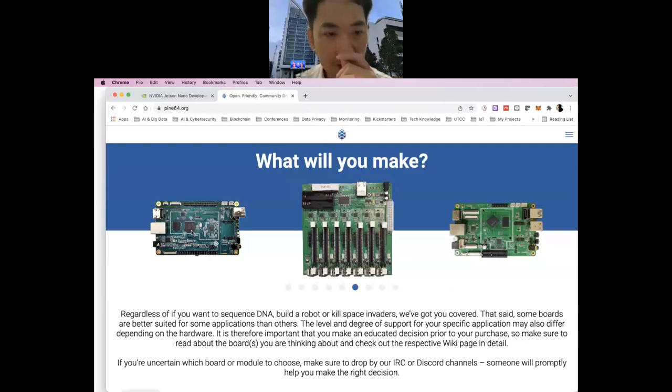This is a 64-bit processor, and it looks like Raspberry Pi. It can run Ubuntu, and you can see that there are lots of input-output interfaces.